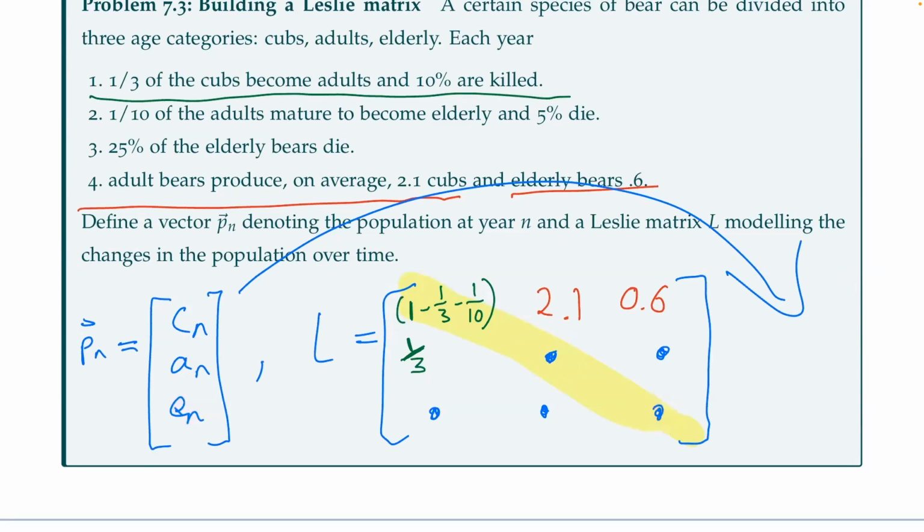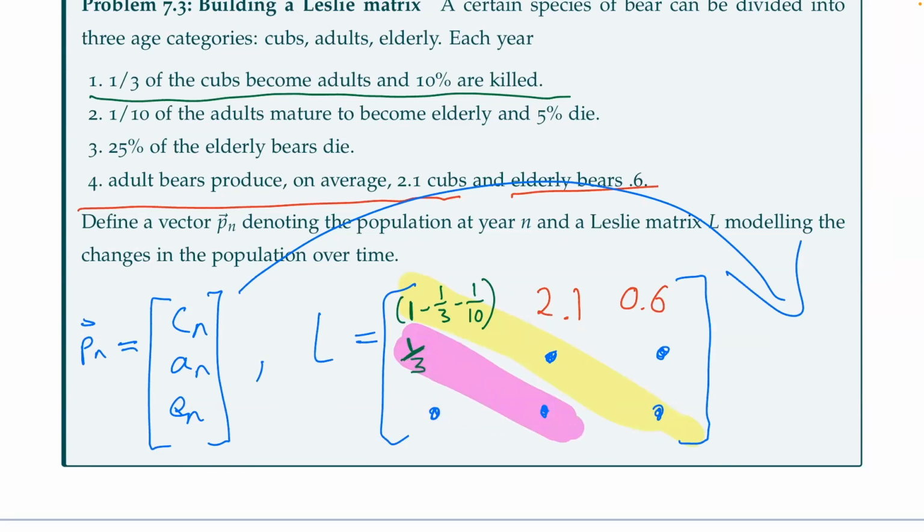What else can we tell from this? Everything below this main diagonal is going to be aging. So this is things going from, say, Cn to An, An to En. Unless we're doing a very weird example where something skips a class, which we're not going to do, this thing here is going to be aging into the next class.